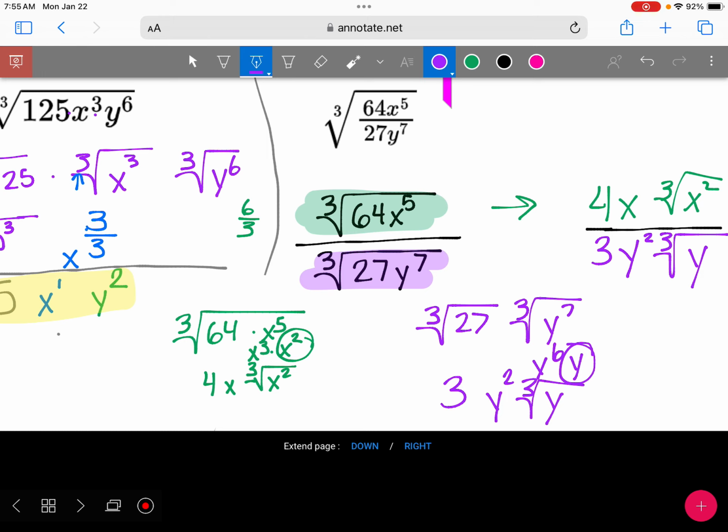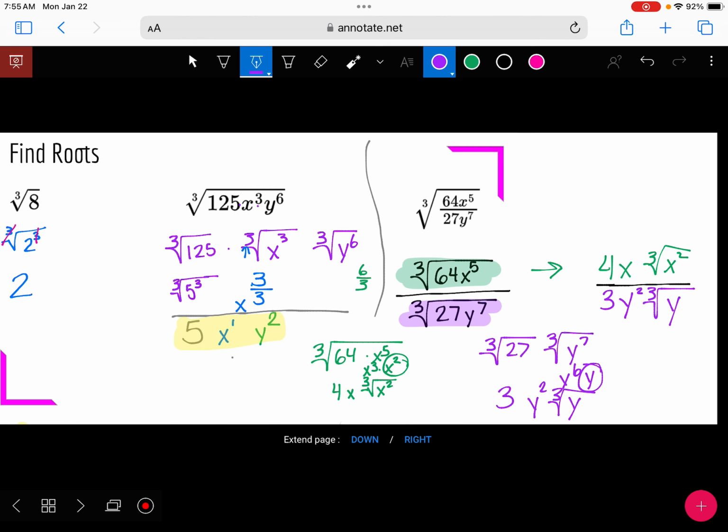It's a mess, and it's gross, but that's what our answer is. This is going to be our answer.